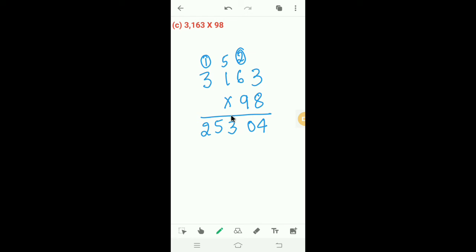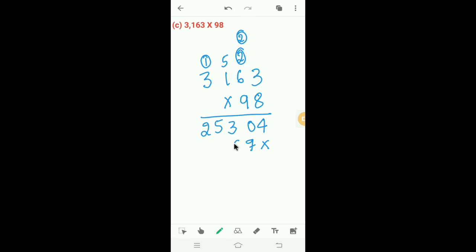Before multiplying with the tens digit of the multiplier, write a multiplication sign in the ones place. Next we should multiply 3163 by 9. 9 threes are 27. So I will write 7 here and 2 carry. 9 sixes are 54. 54 plus 2 is 56.